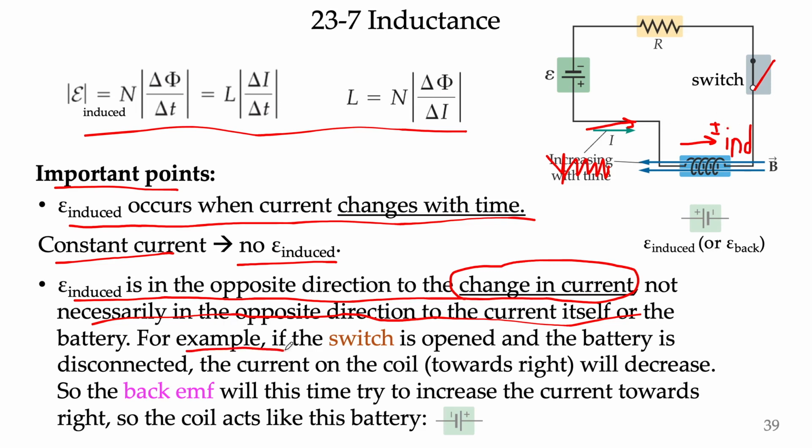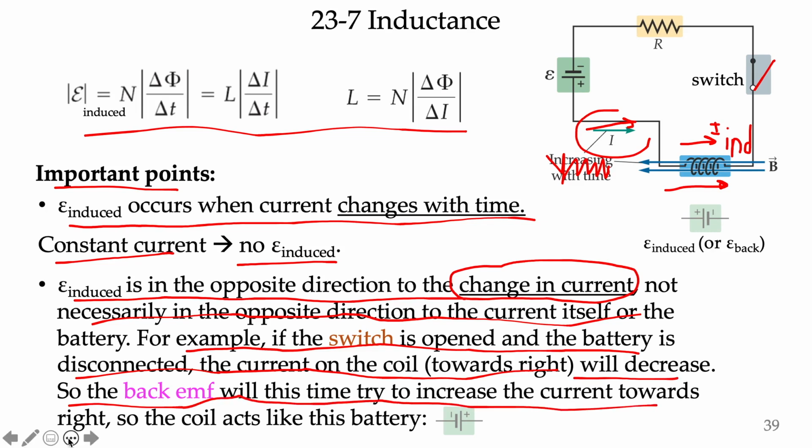So, for example, if the switch is opened and the battery is disconnected, the current in the coil is towards the right. It will decrease because we opened the switch. So the back EMF will this time try to increase the current towards the right, because it was originally to the right but decreasing. So the coil acts like a battery.